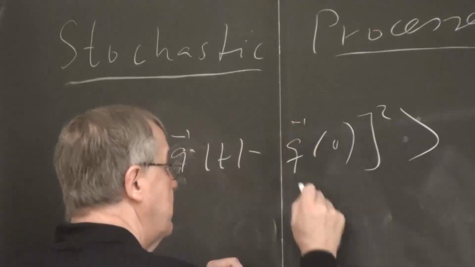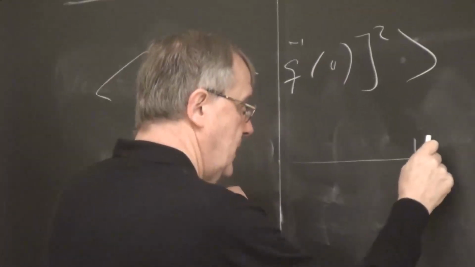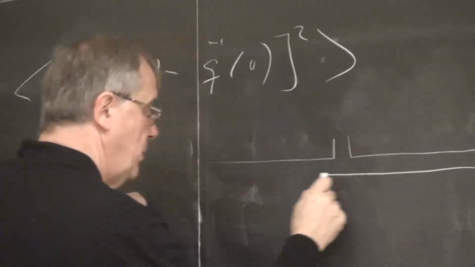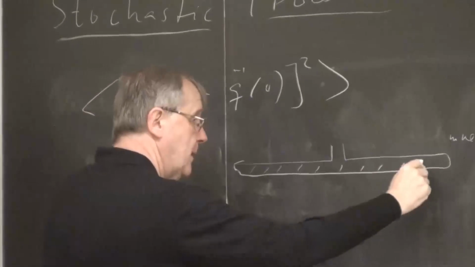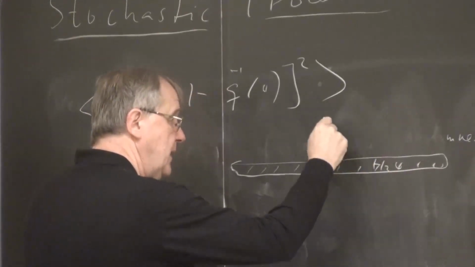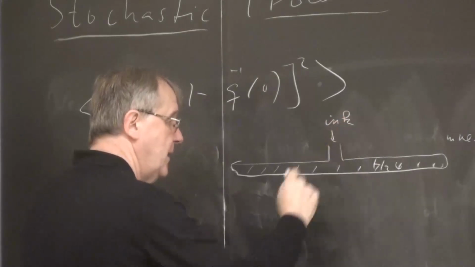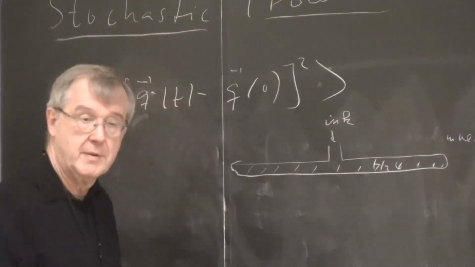So this is a starting point. Let's say we have a long tube with water, and we put ink in here, a little drop of ink. We put it here, t equals 0. How does it spread out?